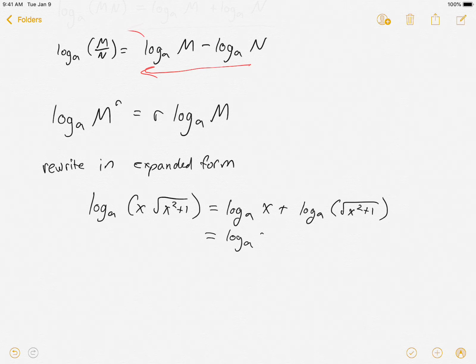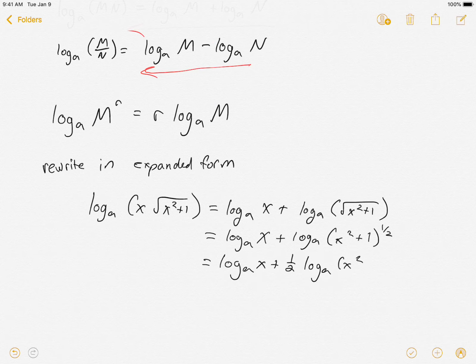Now, right here, doing the square root is the same thing as raising something to the 1/2 power. Then I can take that guy and bring it out front as a coefficient, and we can't really expand it out much more than that.